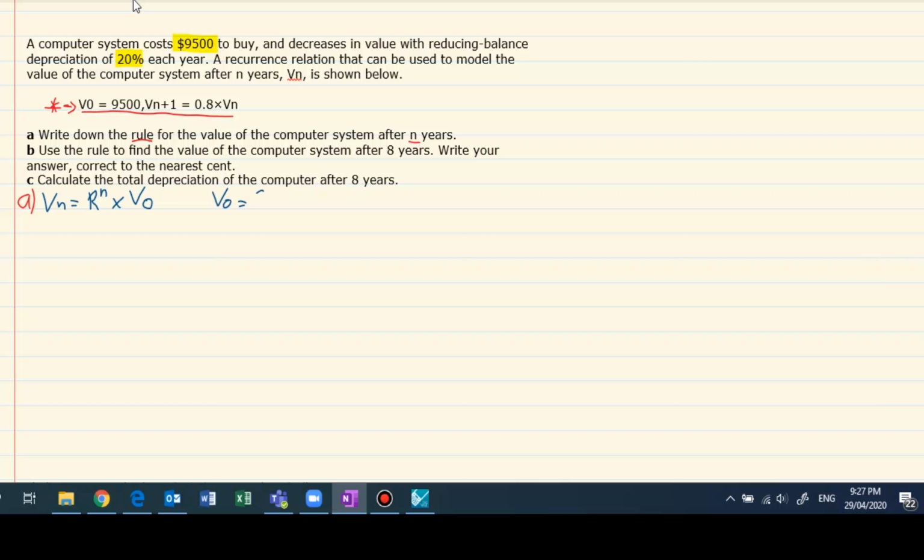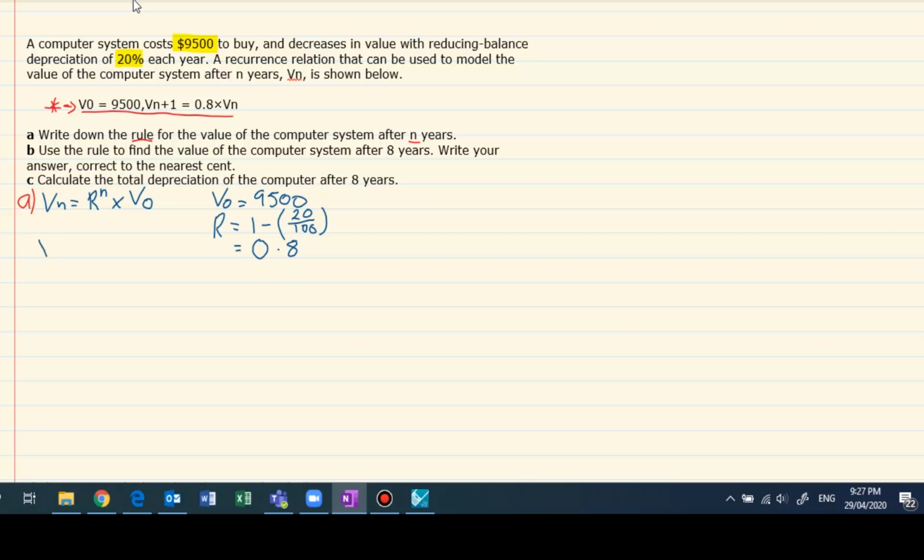Initially the system was worth $9,500. And R, the rate of change, is 1 minus the percentage change every year, so 20 over 100. It's reducing by 20% each year, so that means we have 0.8 left over every year. So that's our R value.